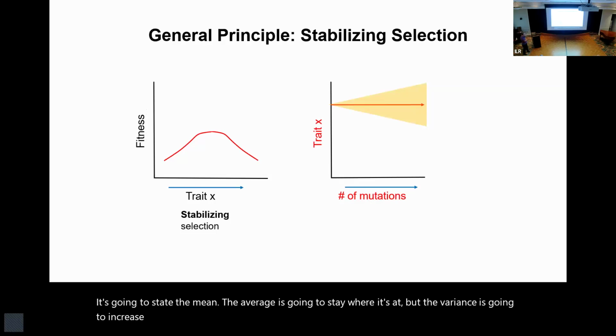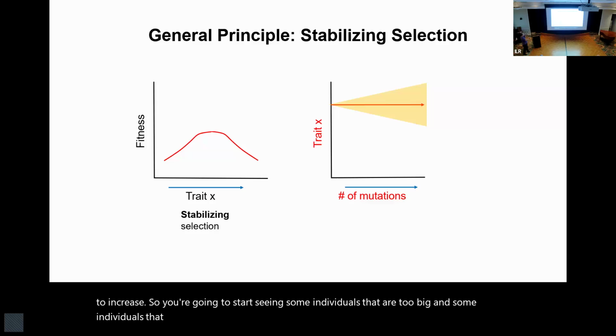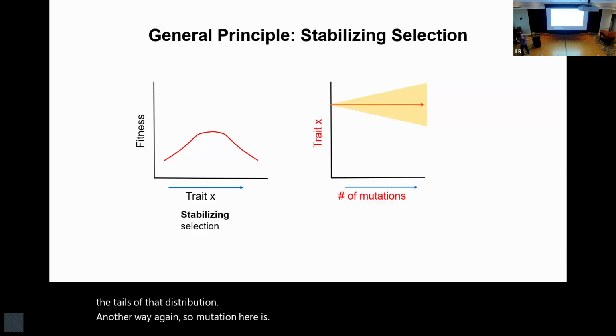So you're going to start seeing some individuals that are too big and some that are too small. As the number of mutations goes on, you move out toward the tails of that distribution. Another way that mutation gives you some insight into how natural selection might be acting.